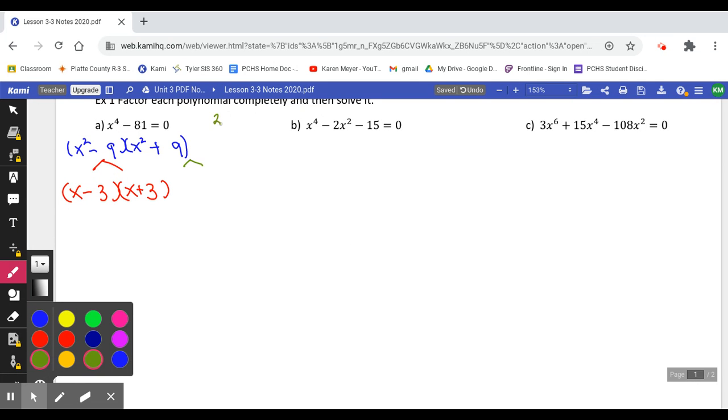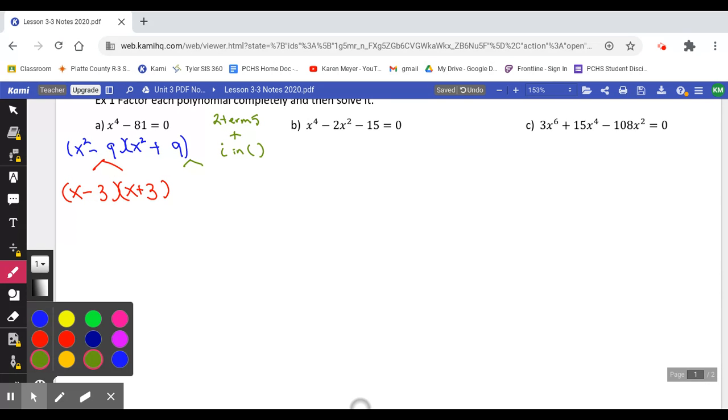If you have two terms with a plus sign, then that means you have to have i's in your parentheses. Okay, and I'll show you why in just a second.